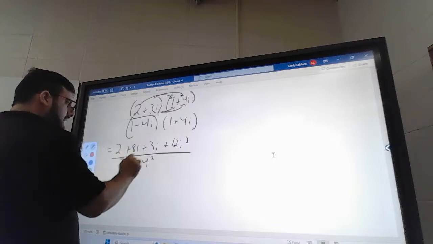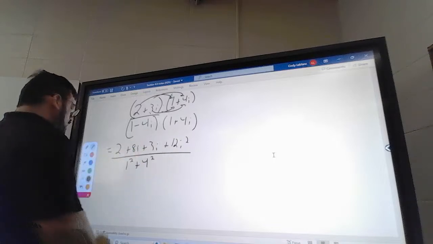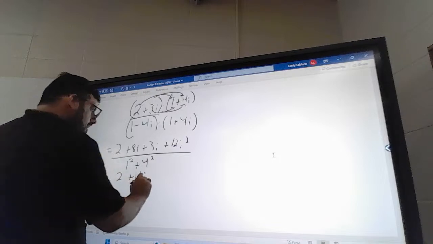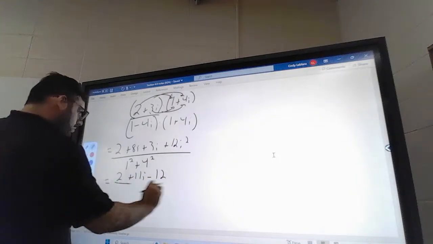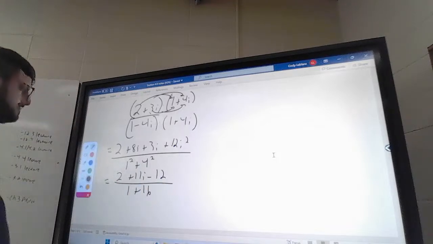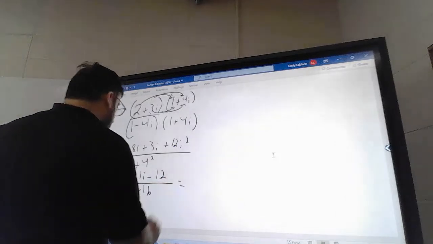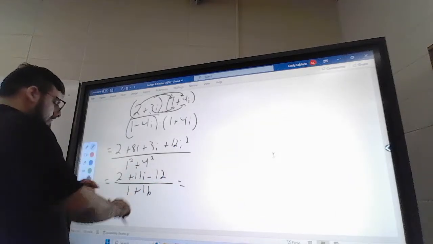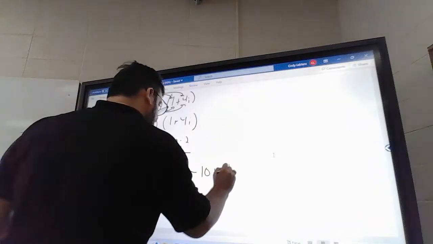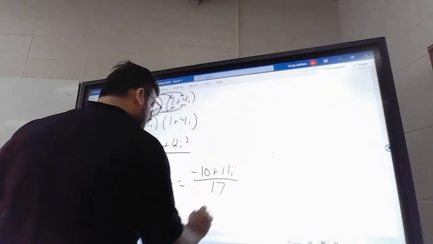Combine like terms here. i squared is negative 1. So that's 2 plus 11i minus 12, over 1 plus 16. Combine like terms in the numerator and add the denominator. So that's negative 10 plus 11i over 17.